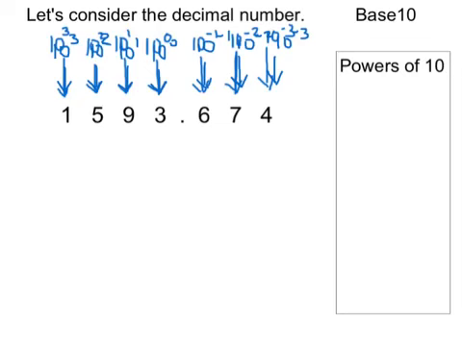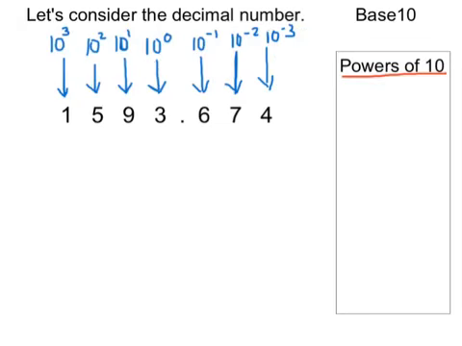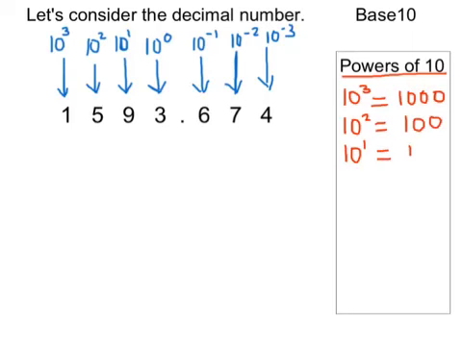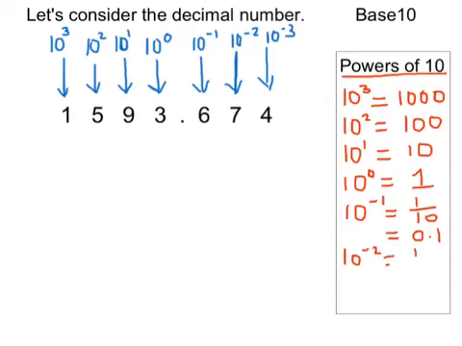Let me recall for you powers of 10. 10 to the power of 3 is equal to 10 by 10 by 10, which is 1000. 10 to the power of 2 is 10 multiplied by 10, which is 100. 10 to the power of 1, anything to the power of 1 is just itself, is 10. 10 to the power of 0, by definition, any number to the power of 0 is 1. 10 to the power of -1 is equal to 1 over 10, and that's equal to 0.1. 10 to the power of -2 is equal to 1 over 10 squared, which is equal to 1 over 100, or 0.01.